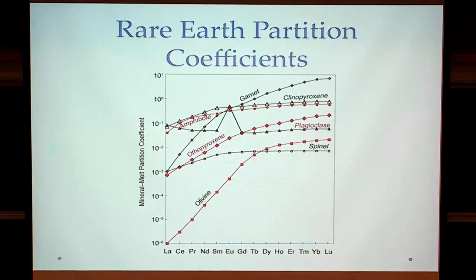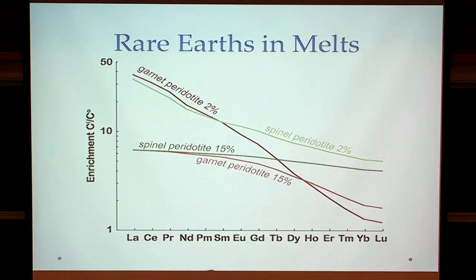So we take a peridotite mantle composed of olivine, orthopyroxene, clinopyroxene, and maybe spinel or garnet, and then melt it. We can produce rare earth patterns like this, starting with a flat pattern. If we take garnet peridotite and melt it 15%, our rare earth pattern would look like that.